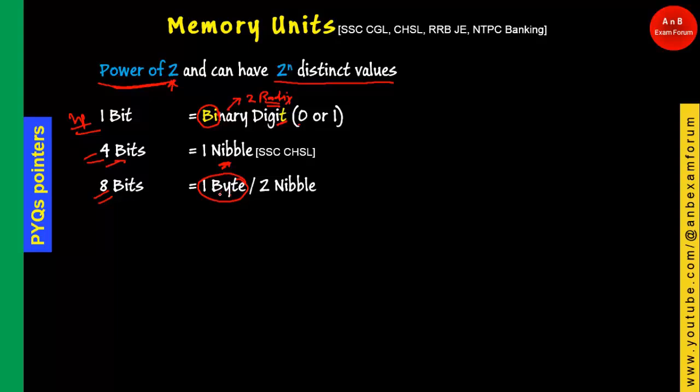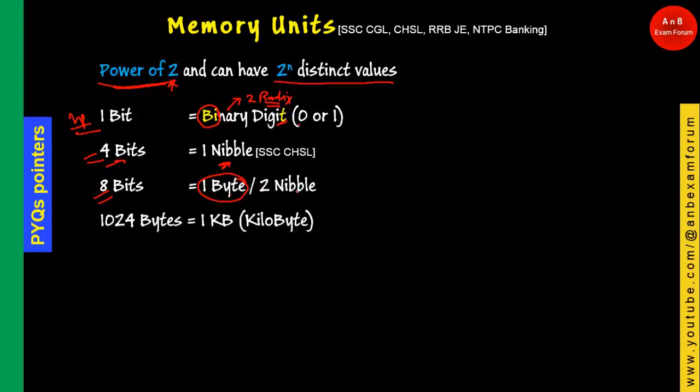Or in other words, if you combine 2 nibbles, you will have 1 byte or 8 bits. So let me repeat once again. 1 bit is binary digit, 4 bits is equal to 1 nibble, and 8 bits equal to 1 byte or 2 nibbles.